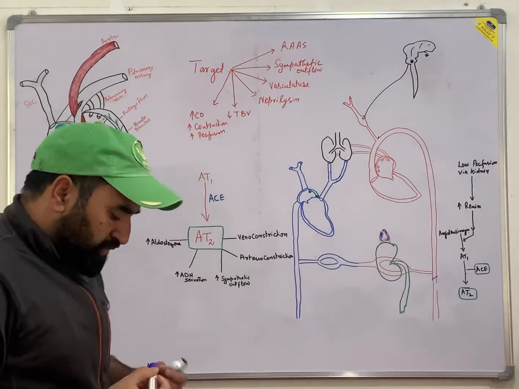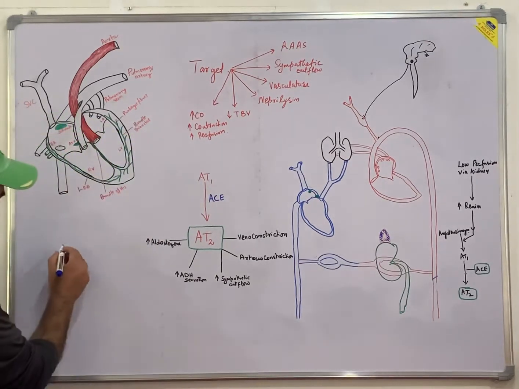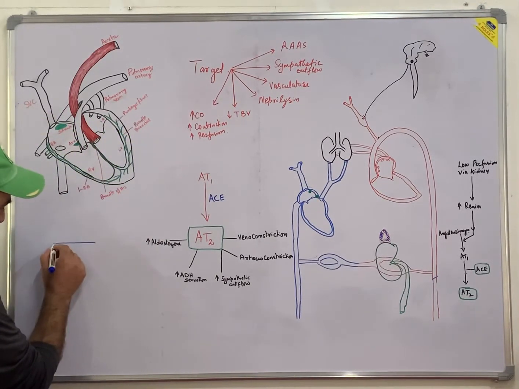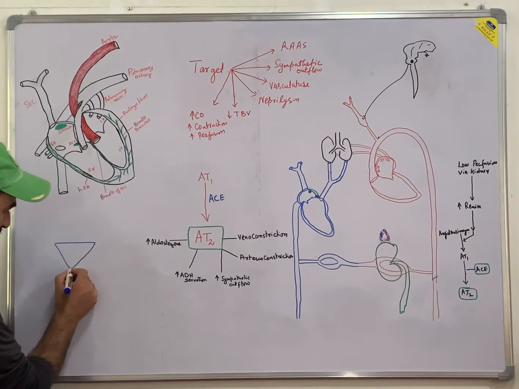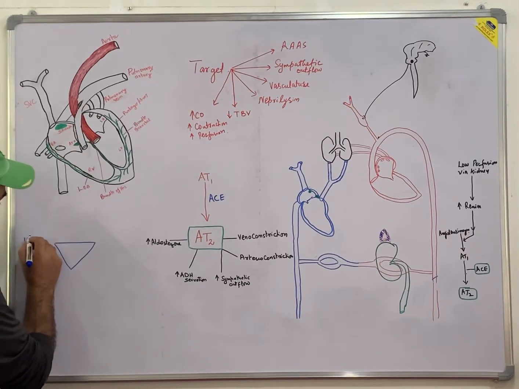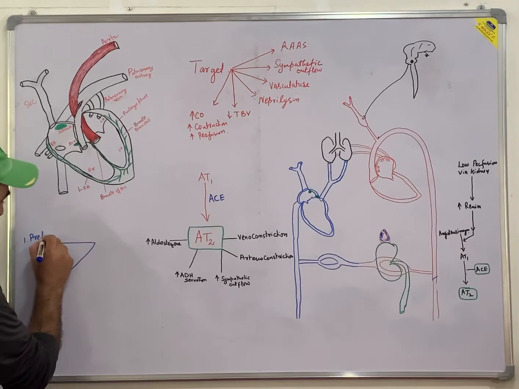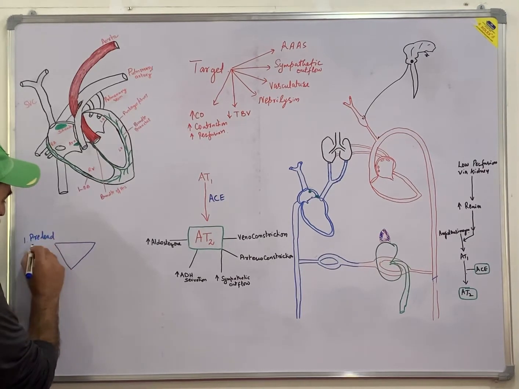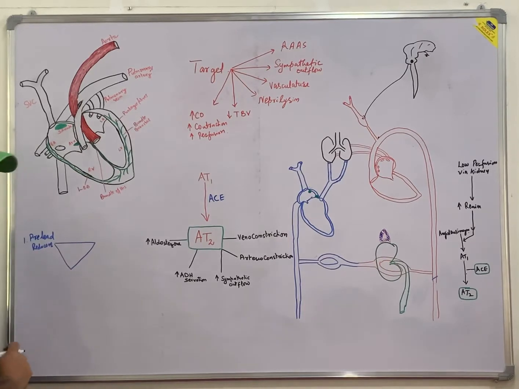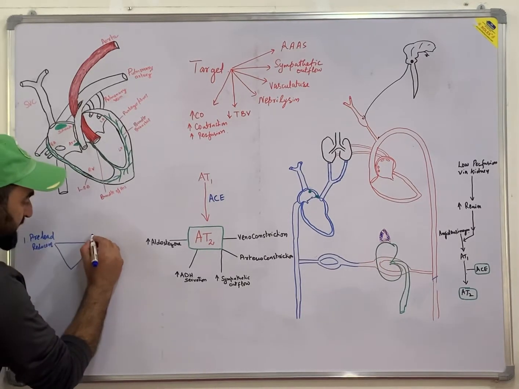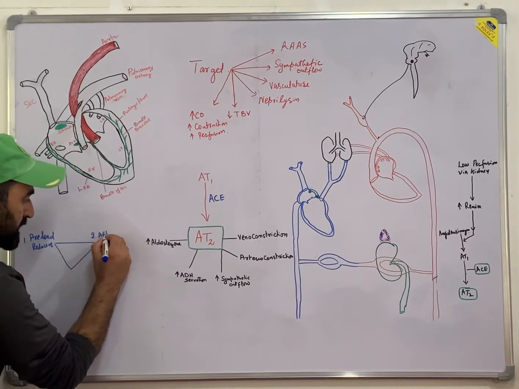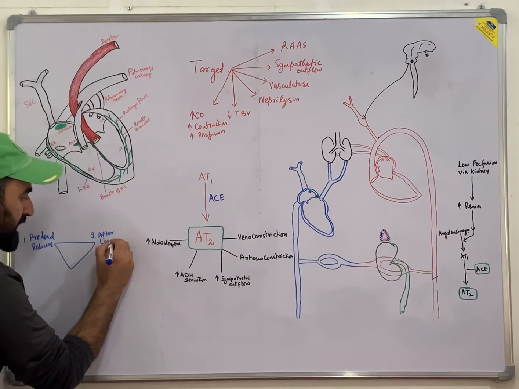As I already told you, there are 3 ways to treat the congestive heart failure, mainly. Number 1, preload. You need to decrease the preload. Preload reducers. You need to decrease the afterload. That means afterload reducers.